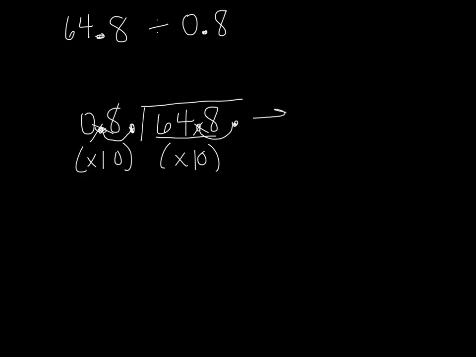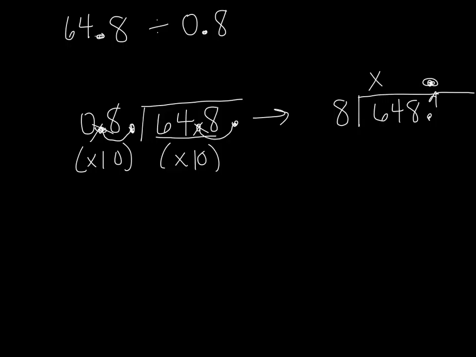So now this new problem looks like 648, the decimal at the end, divided by 8. Now I can raise my decimal to the roof and start to divide like normal.